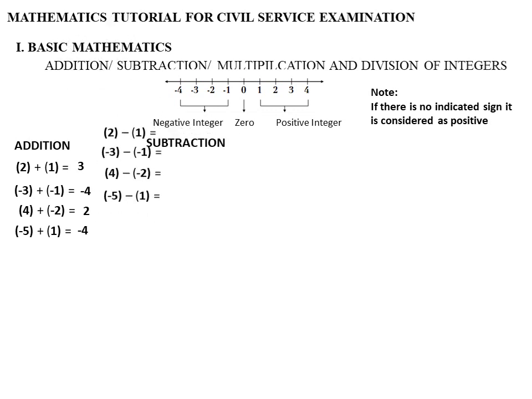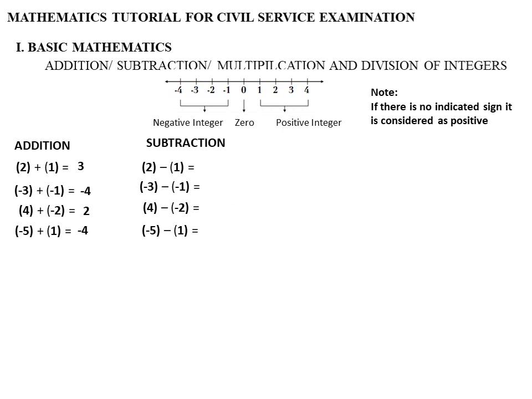How about subtraction? Let's try the same numbers as in addition: 2 less 1, negative 3 less negative 1, 4 less negative 2, negative 5 less negative 1. From the rules of subtraction, it is a hint: change the sign of the subtrahend and proceed to addition.